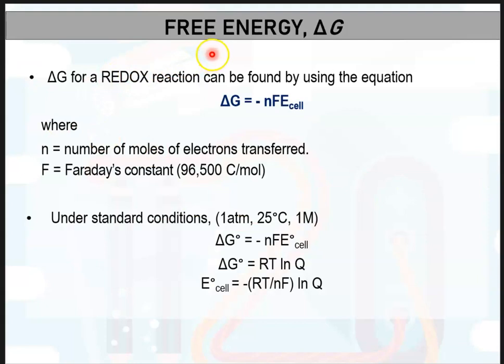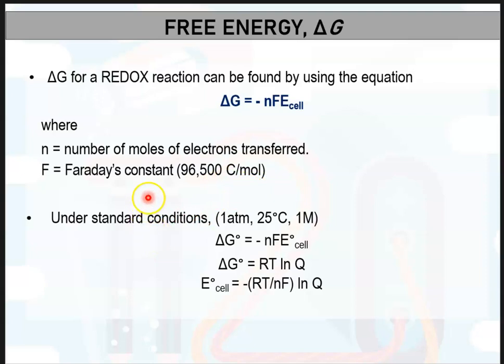Okay, Gibbs free energy, delta G, free energy. Delta G for redox reaction can be found by using this equation. Delta G is equal to negative n F E cell, where n is the number of mole of electron being transferred. You need to balance the half cell first, and F is the Faraday constant, which is 96,500 coulombs per mole.